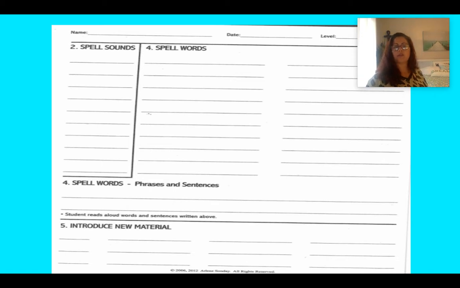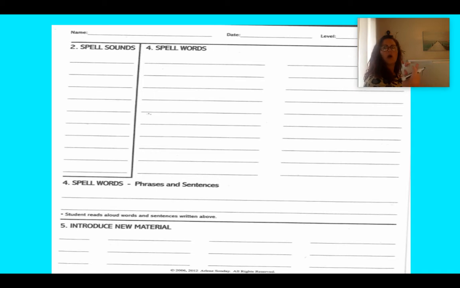The error correction for this section, if someone writes down the wrong letter for the wrong sound, you kind of want them to do their own correction. And so you would, for example, say, I see, I wanted B, B. What letter makes the B sound?